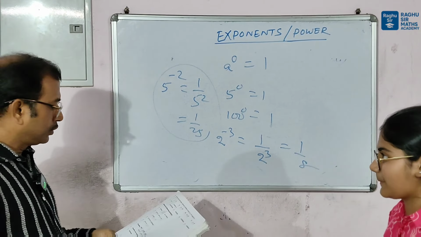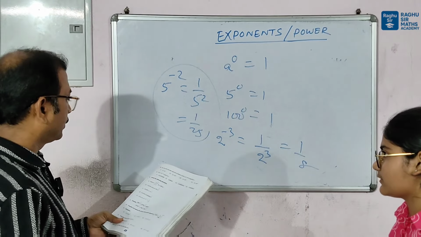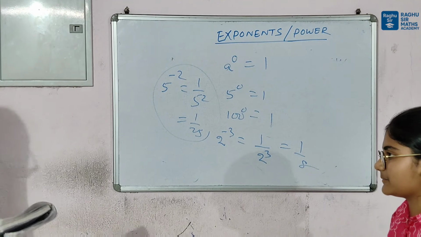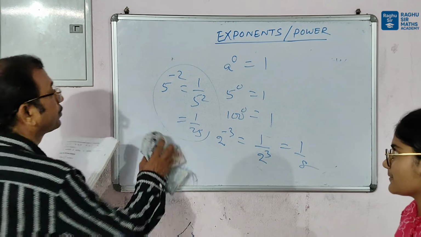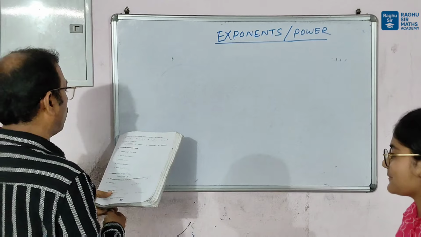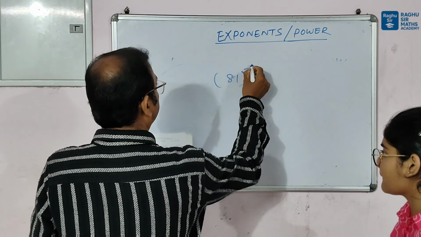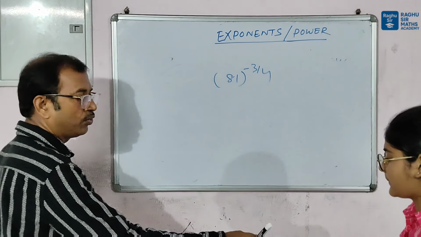Yes, sir. Can you simplify? Find the value of 81 to the power minus 3 by 4. Find the value.